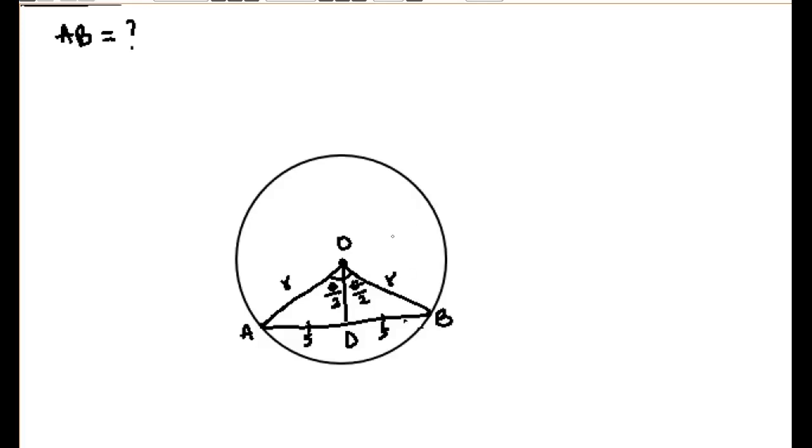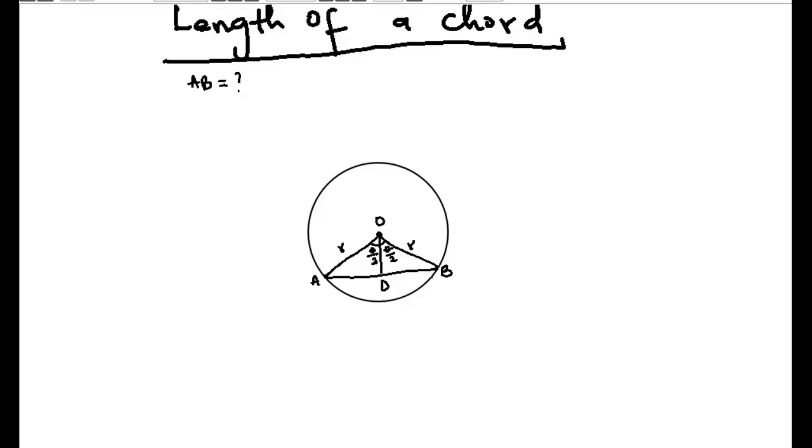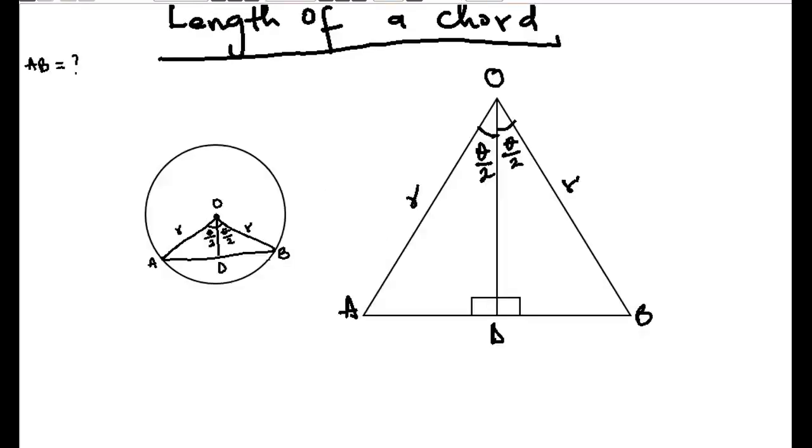So now let's look at how to solve for AB. As you can see now, we have a diagram redrawn. I had to draw a neat diagram from this circle. I had to extract the triangle from this circle.